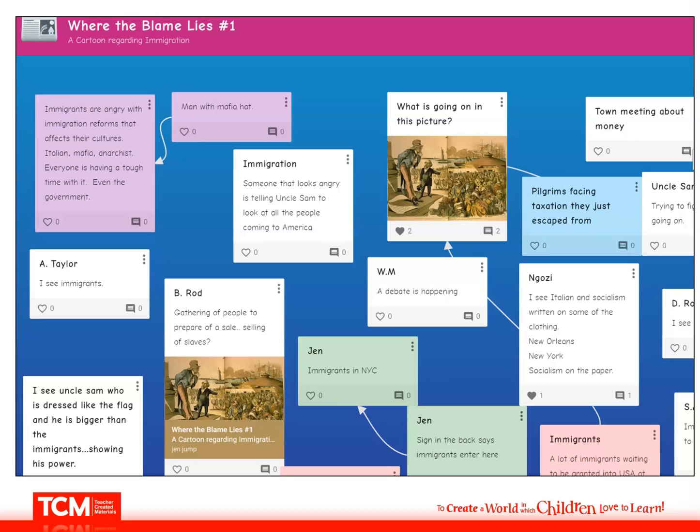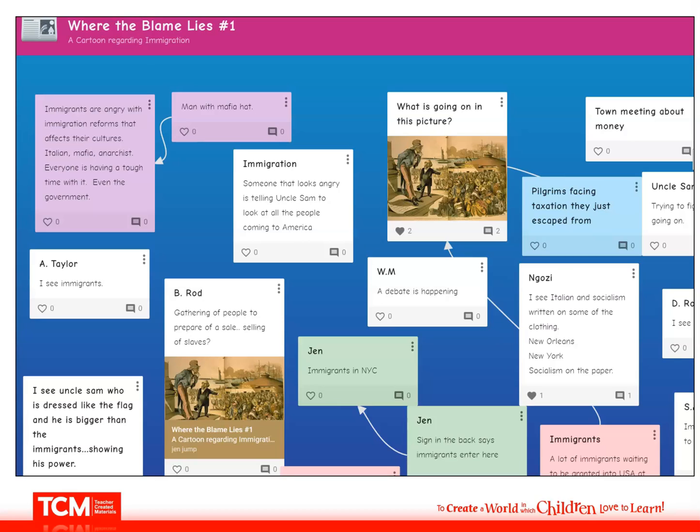And the question is, what's going on in this picture? And then students are able to say, here's what's happening in this picture. And students started to make connections between what they said and what someone else said. So students are able to really share and showcase ideas.